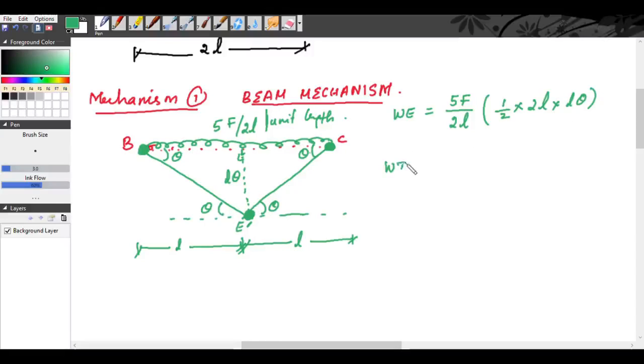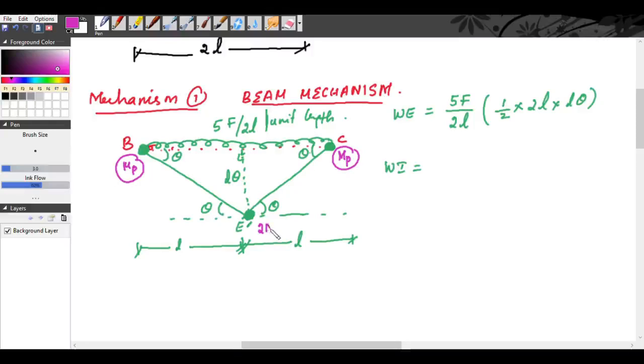Now, internal work done is equal to plastic moment into rotation. So here at B, the plastic moment is the lowest of the beam and column, so it is MP. At C, it is the lowest of the beam and column, so MP. At E, it is of the beam, so it is 2 MP.